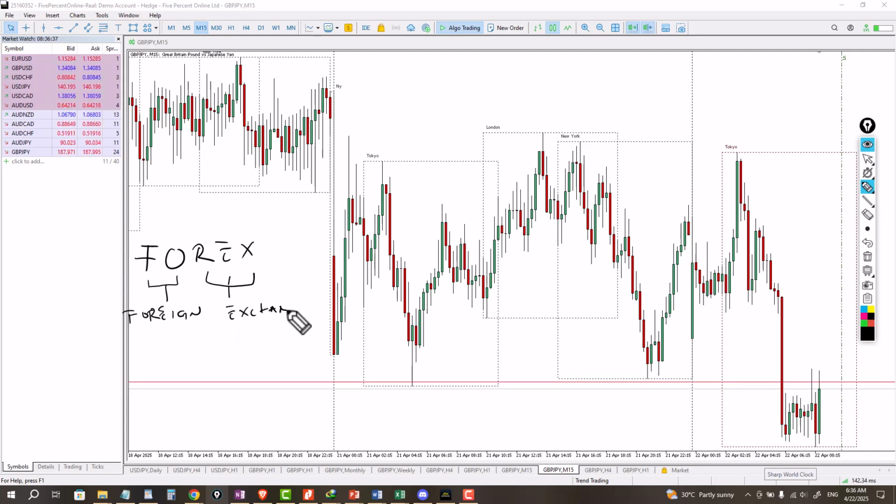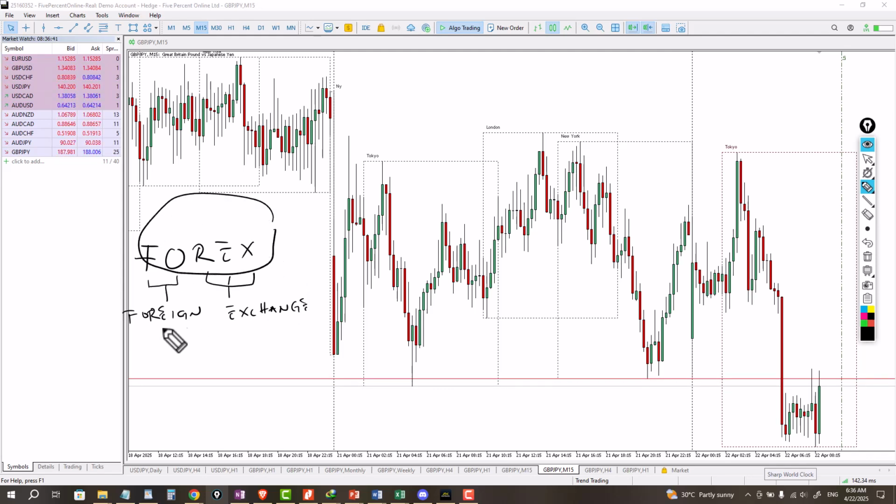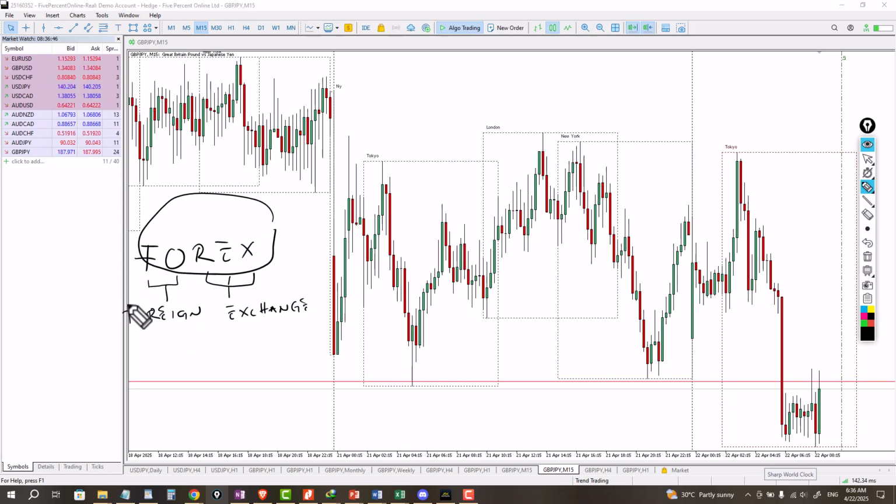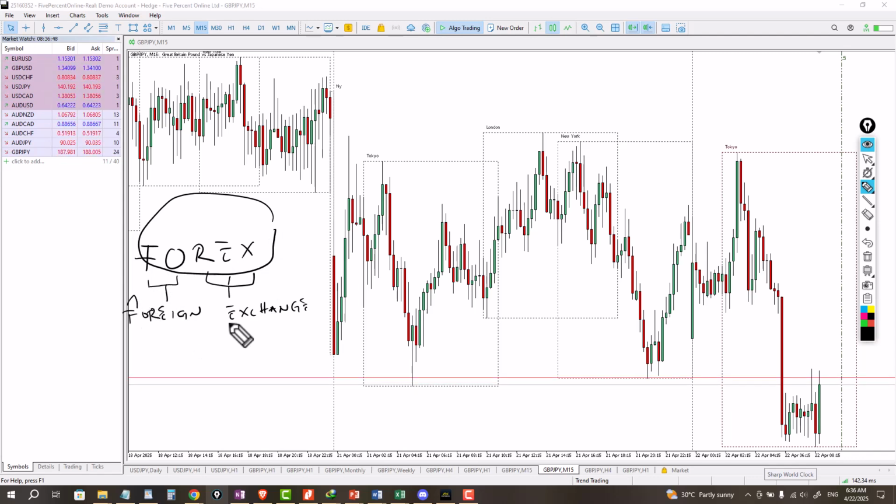So this word forex was derived by taking the first three letters of the word foreign, FOR, and then the first two letters of the word exchange, and that's how the word is born.